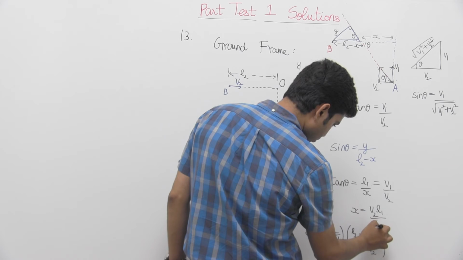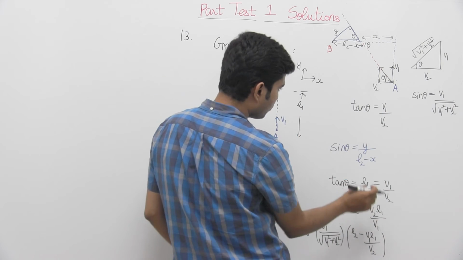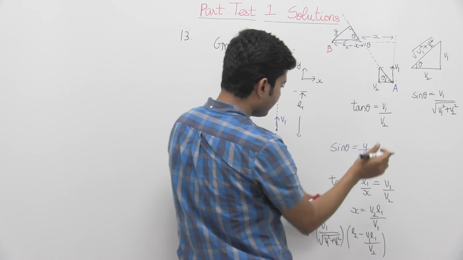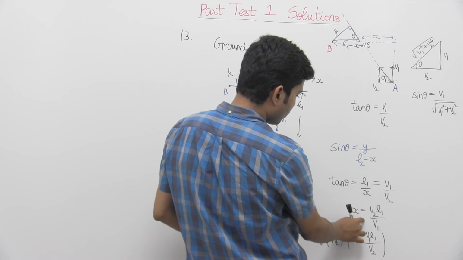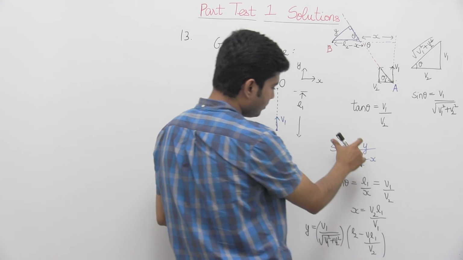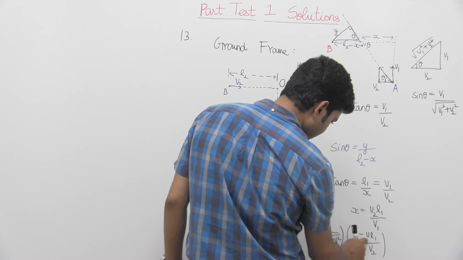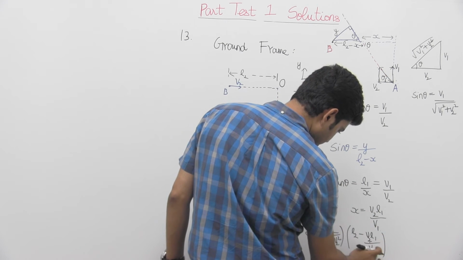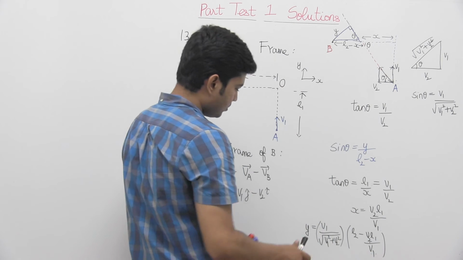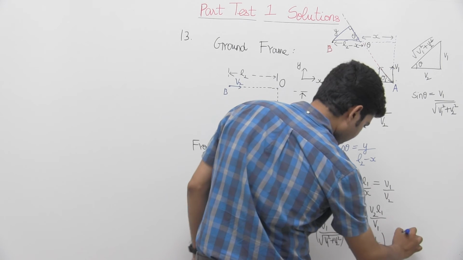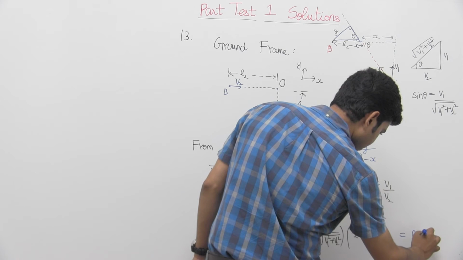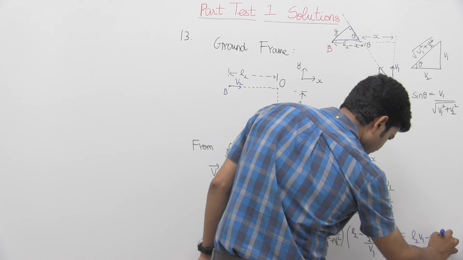So putting this value in this formula, and the sine theta we obtained. So x we already found. Putting the value of x in L2 minus x, where x is L1 V2 by V1, it finally gives L2 V1 minus V2 L1.